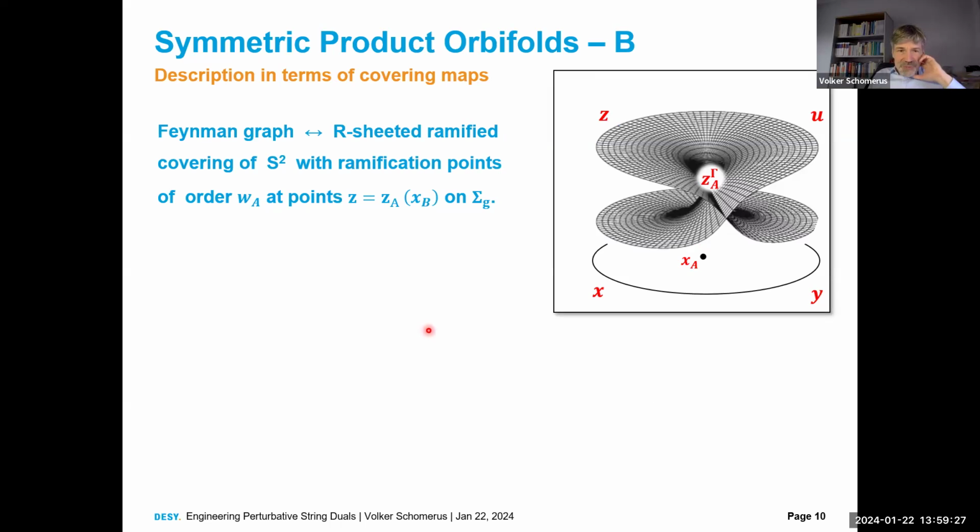Of course, practical computations are always hard, but there's an important fact: these Feynman graphs that I just described, with the rules that I just sketched, can be seen to correspond one-to-one with R-sheeted ramified coverings of a sphere, where R is the number of solid loops or dashed loops in the diagram, with ramification points of order w_a. The w_a are the cycle lengths at certain points z_a that one can compute from the insertion points of the twist fields on sigma_g.